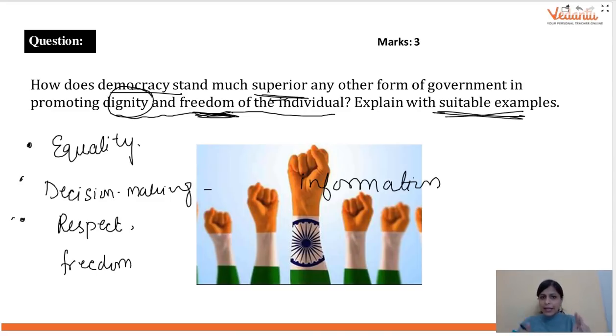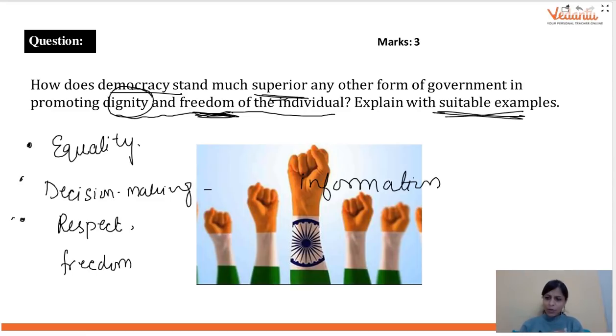It also accepts that women are given equal treatment, unlike other non-democratic countries. Like initially Saudi Arabia had a very tough time giving equal rights to women. Here, women waged a long struggle to get their rights recognized, to get voting rights and inheritance rights.